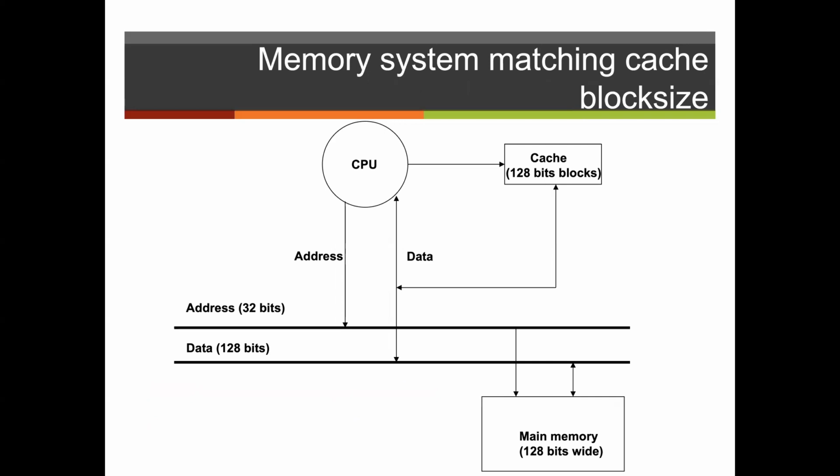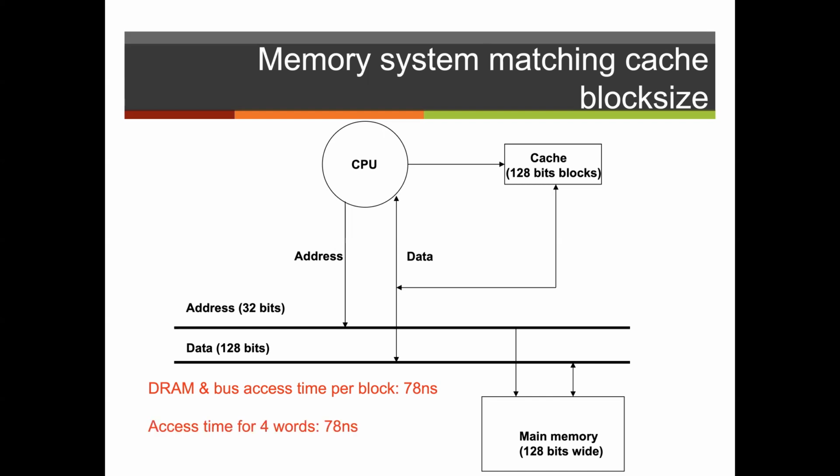Now let's consider if we have an address bus of 32 bits and a data bus that is 128 bits. This results in us having a larger main memory to work with. But assuming that the DRAM access time is 70 cycles and the bus cycle time for address or data transfer is 4 cycles, we have a DRAM and bus access time per block of 78 nanoseconds.